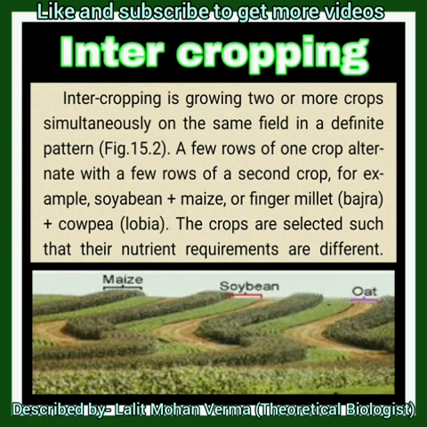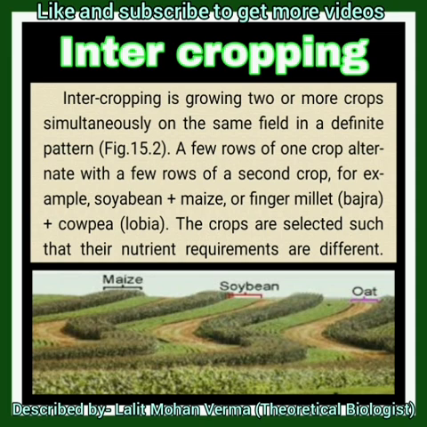Now, intercropping. It can be defined as growing two or more crops simultaneously in the same field in a definite row pattern or tier system. In intercropping, the crops selected are those that have different nutrient requirements so that there is maximum utilization of nutrients available in the soil.